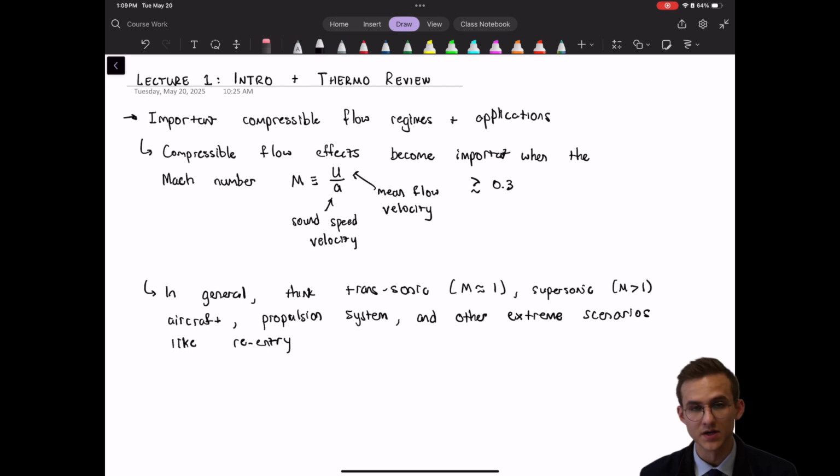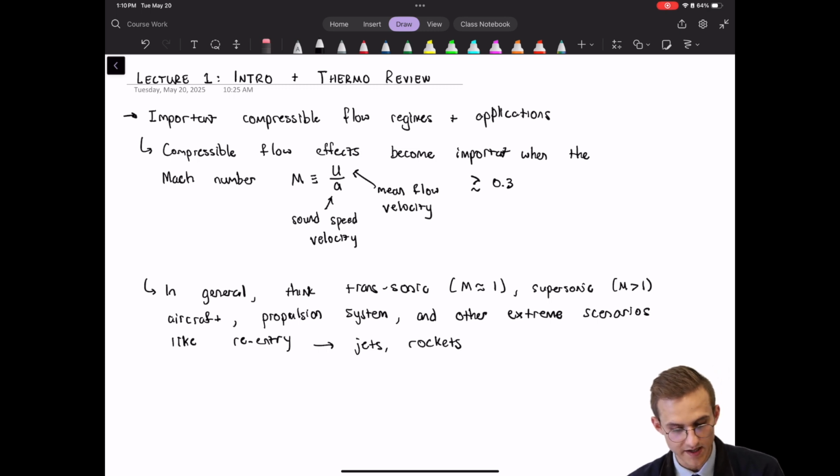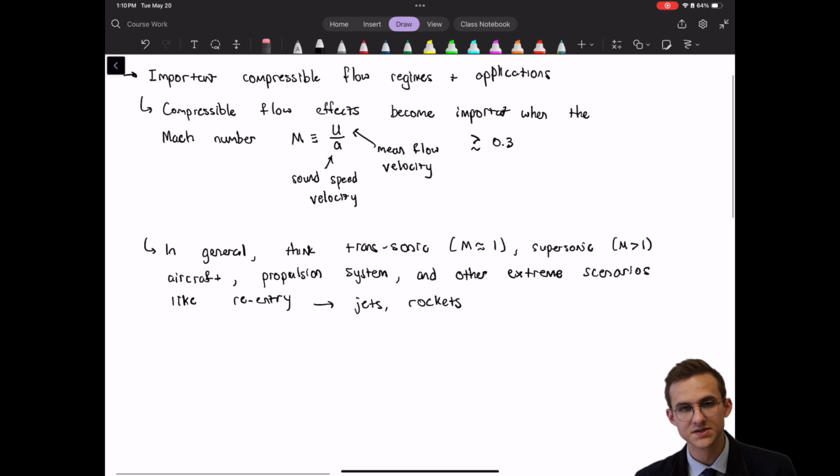So now we're talking about a capsule, say, re-entering the atmosphere from orbit. So in general, we're talking about things like jets and rockets. Okay, those are the devices that we've come up with that play in this regime of physics.